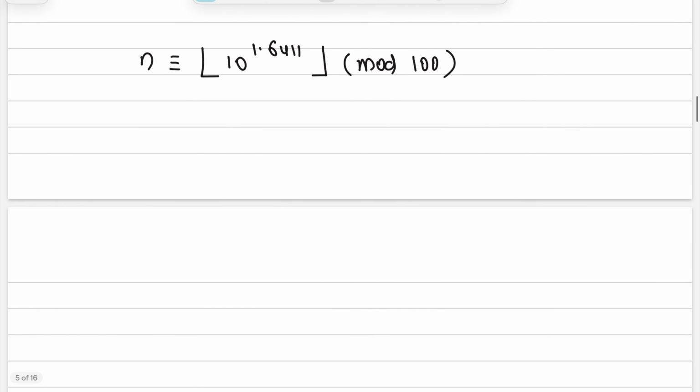We don't have a calculator to calculate. This is the crucial value which we have to find out, which is going to decide our answer. 10 to the power of 1.6411 is to be found out.